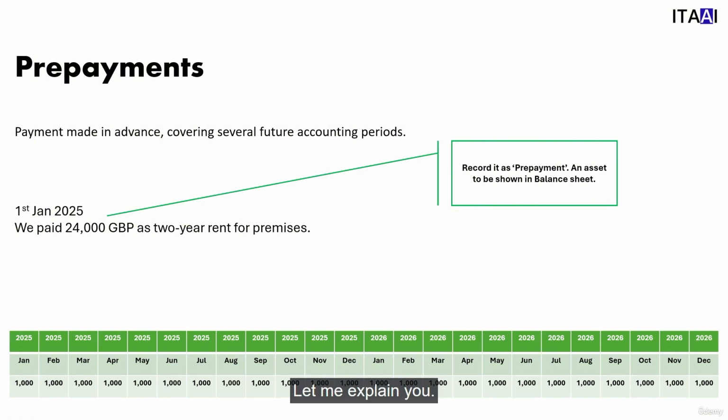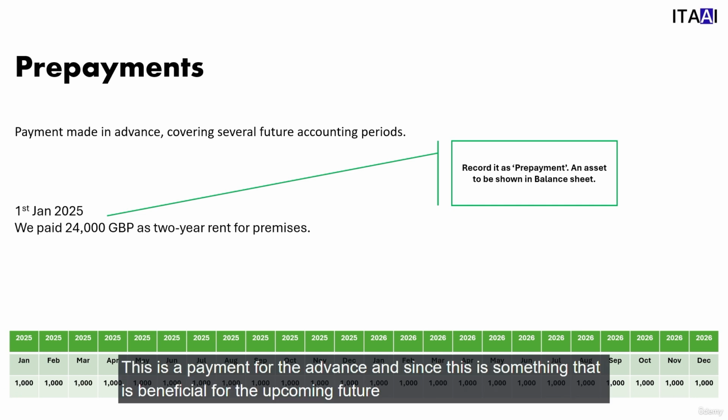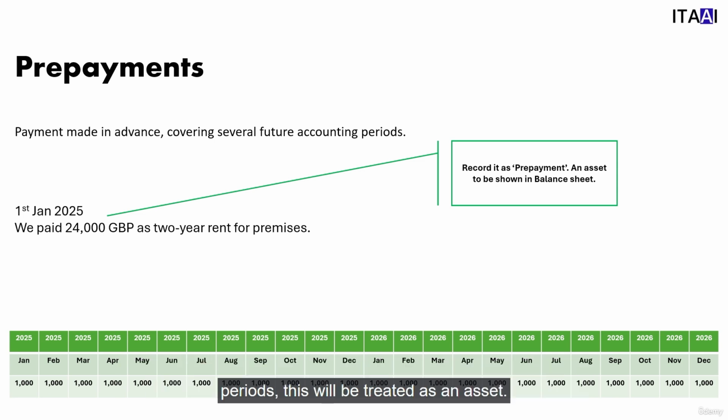Let me explain. Just because I have paid my rent in January does not mean the full expense has been incurred. This is a payment in advance, and since this is something that is beneficial for the upcoming future periods, this will be treated as an asset.